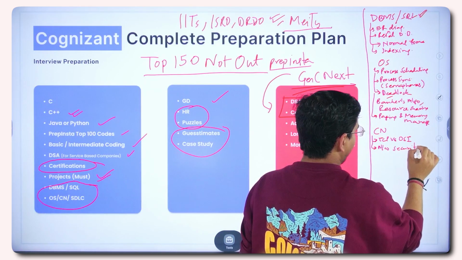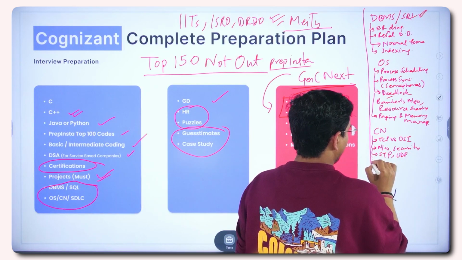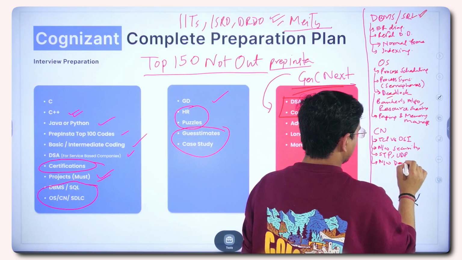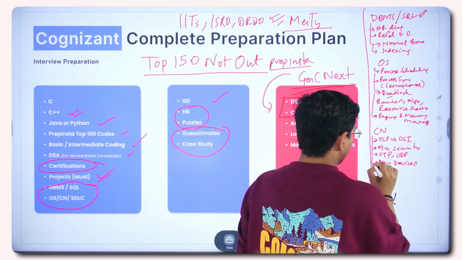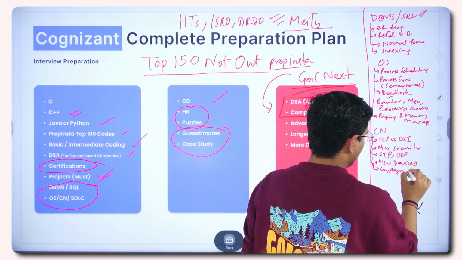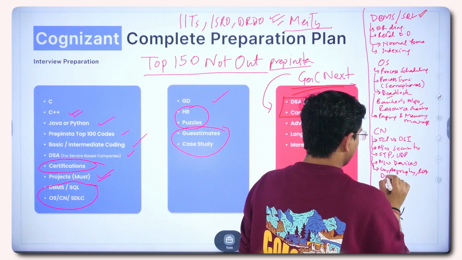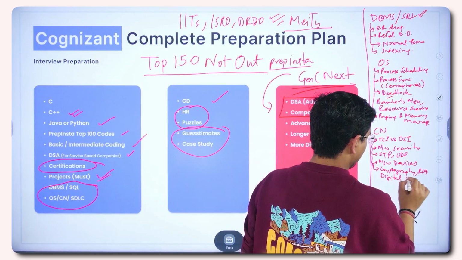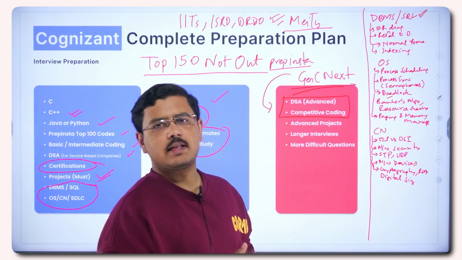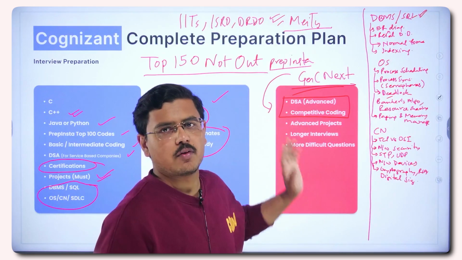You can study TCP, UDP, and you can study a bit of network devices, then cryptography, RSA, digital signature. बस बहुत है इतना CN में. Fine. No need to extensively study a lot of things. You might not find any question from CN while appearing for Cognizant. Fine.